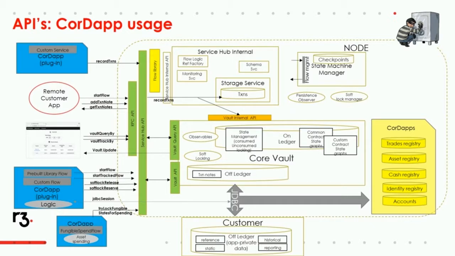This diagram just illustrates, again, I won't go through a lot of detail, the different ways that Corda applications interact with a node, and it's showing the Vault specifically. So the core Vault component in the middle there, you can see on-ledger data, off-ledger data. There's the Vault query API, there's the Vault API itself, and then these are the different types of application you can have in Corda.